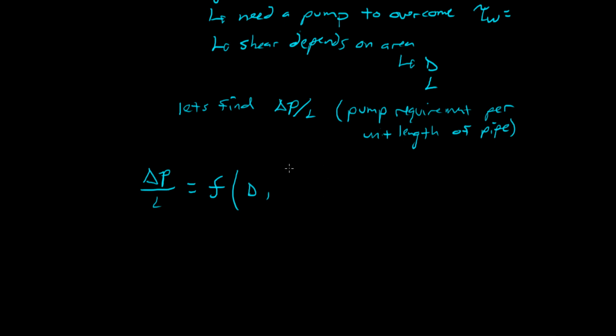If we go back and look at how we get delta P, remember 4 tau wall L over D, and that has a mu in it and a viscosity. So things that might matter include the density, the viscosity, and then if you change the speed, you probably need a different pump. And so the velocity at which we're trying to pump the fluid.